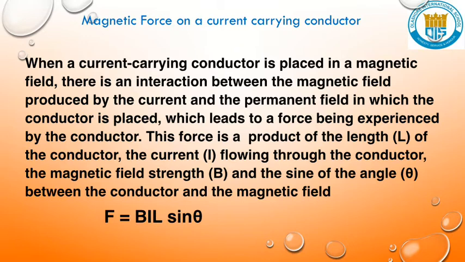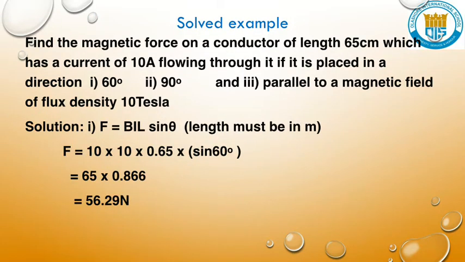So, if you have your conductor placed in a magnetic field at, say, 20 degrees, your theta there will be 20 degrees. If the angle between the magnetic field of the magnet and the conductor is 90 degrees, then your theta there will be 90 degrees. Now, let's see an example. They are asked to find the magnetic force on a conductor of length 65 centimeters.